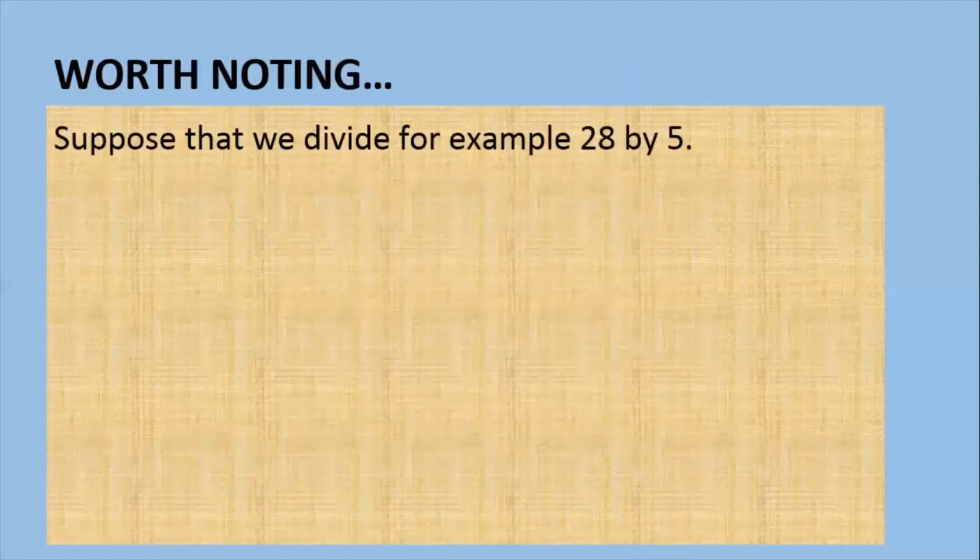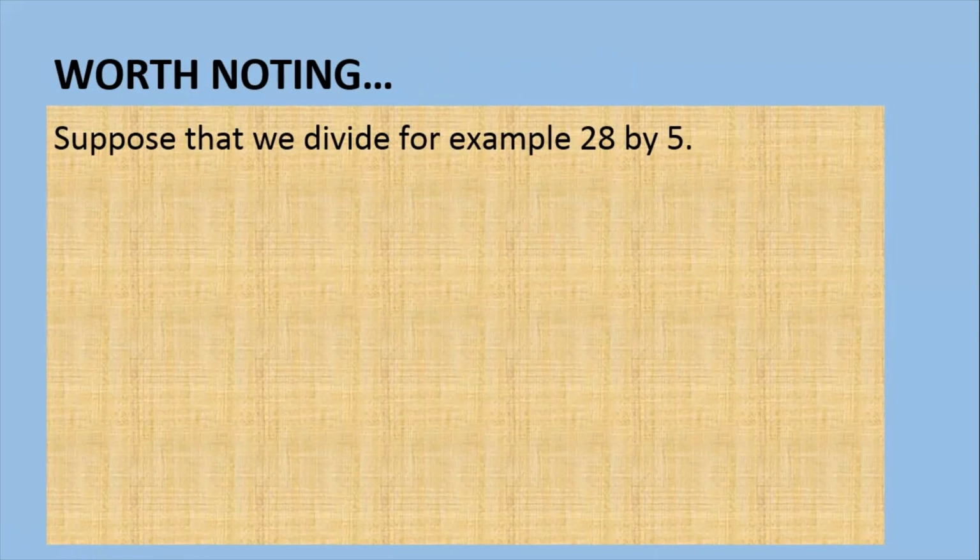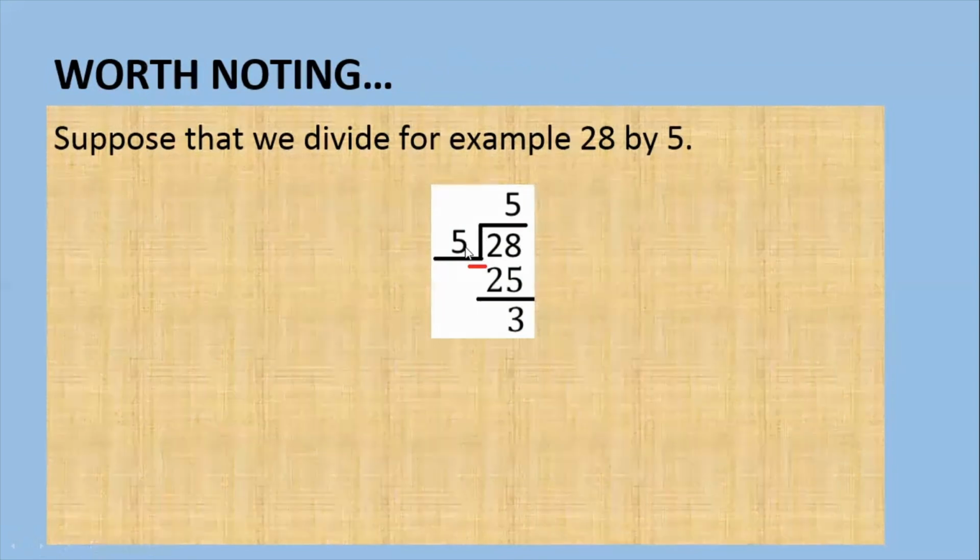Right. Now, suppose that we want to divide 28 by 5. How are we going to do it? Well, that's what you did in primary. So 28 divided by 5. How many 5s do you have in 28? Well, I know that 5 times 5 is 25.